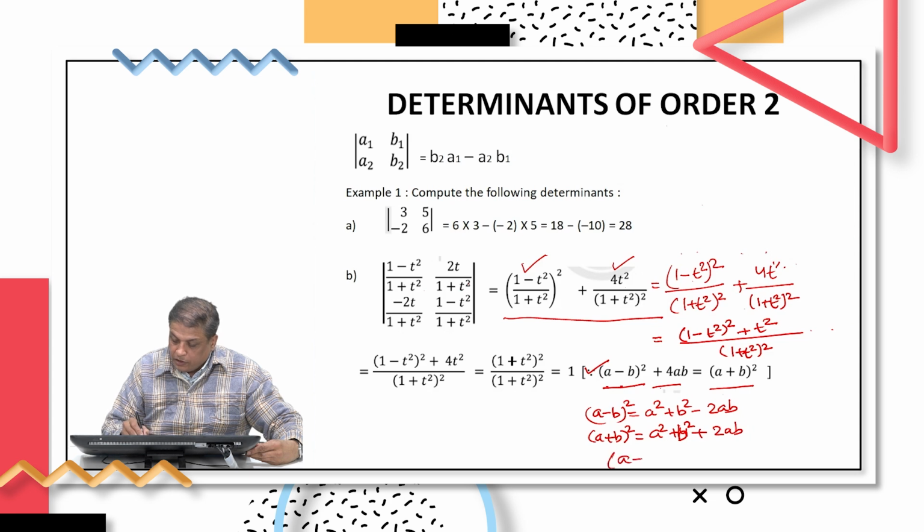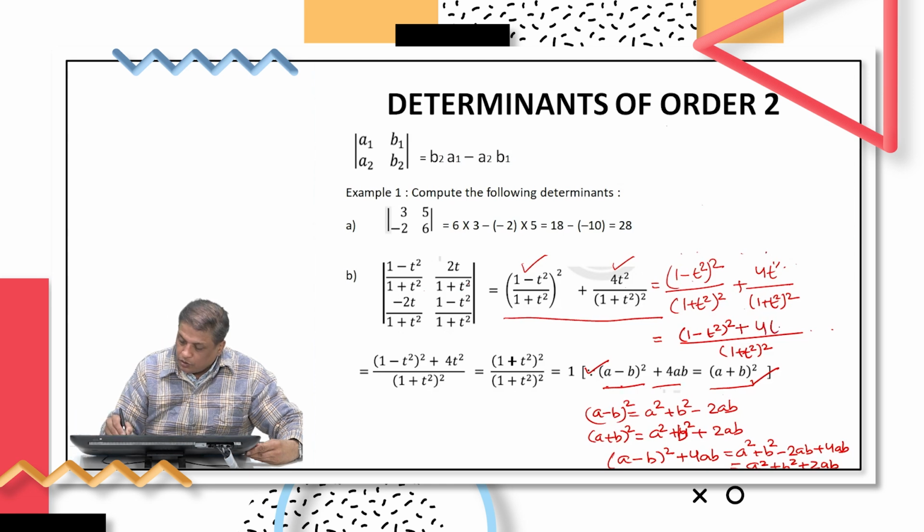So (a minus b) whole square plus 4ab will be equal to a square plus b square minus 2ab plus 4ab. So this is equal to a square plus b square plus 2ab, which is nothing but (a plus b) whole square plus 4t square.